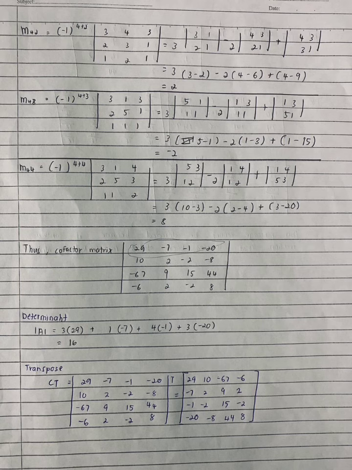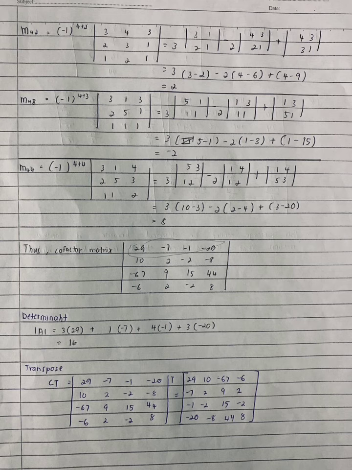Thus, we will get the cofactor matrix, which is 29, negative 7, negative 1, negative 20, 10, 2, negative 2, negative 8, negative 67, 9, 15, 44, negative 6, 2, negative 2, 8.